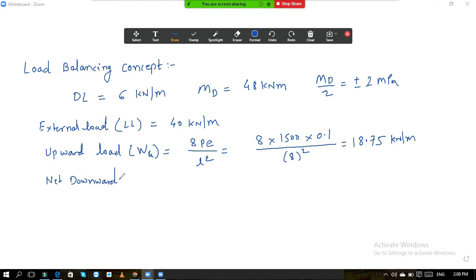And the net downward load is equal to 40 minus 18.75, which is 21.25 kilonewton per meter. So this is the net downward load.